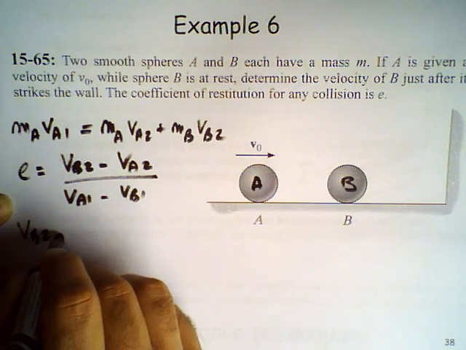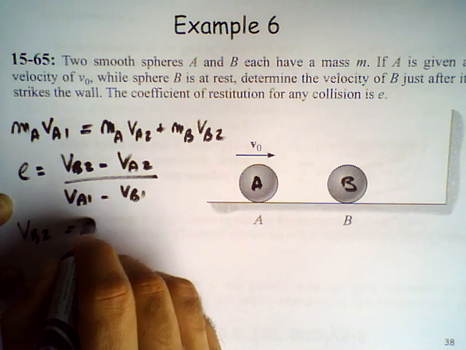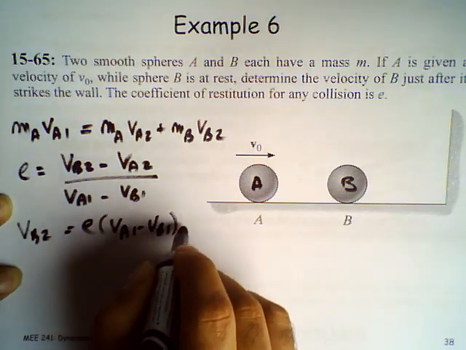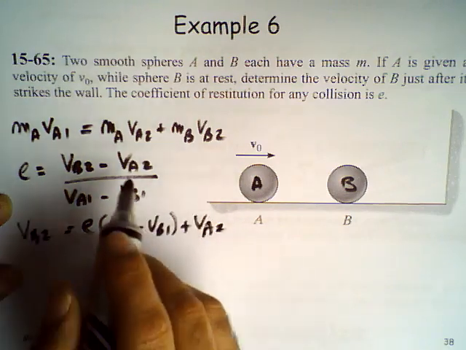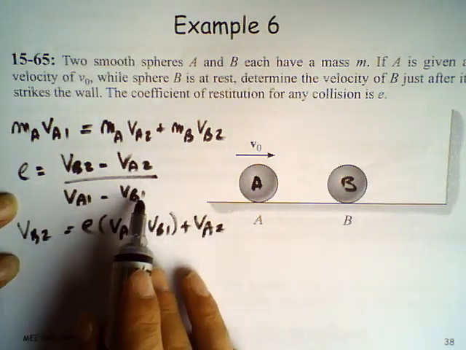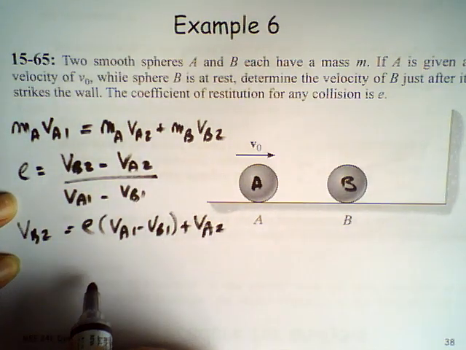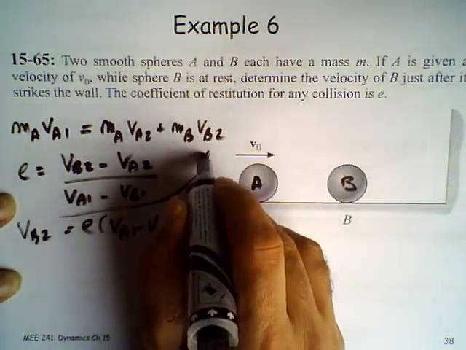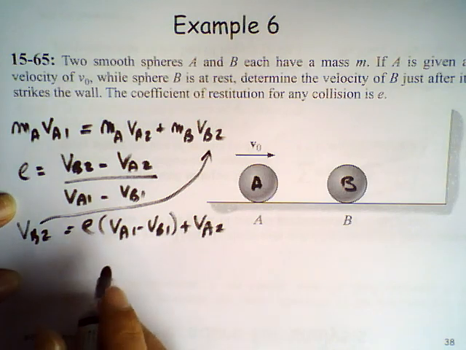VB2 is equal to E multiplied by this plus VA2. Take this guy and plug it here. You're gonna end up with what?